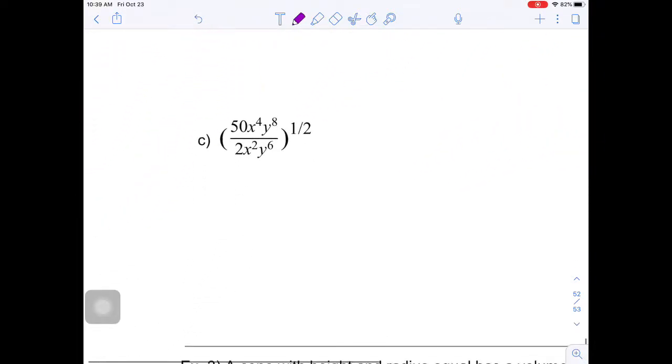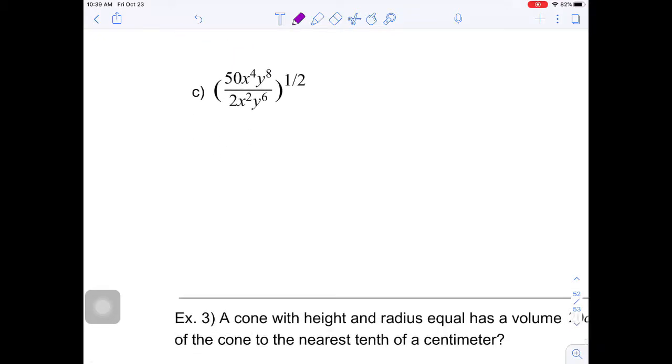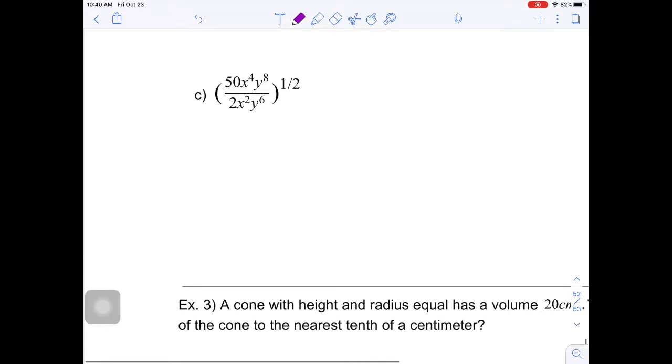Okay, let's do one more here. And this will be c. So in this case, we're going to have to apply a few different rules. Remember our rule where we have a quotient and a power: you apply that power to the numerator and the denominator.